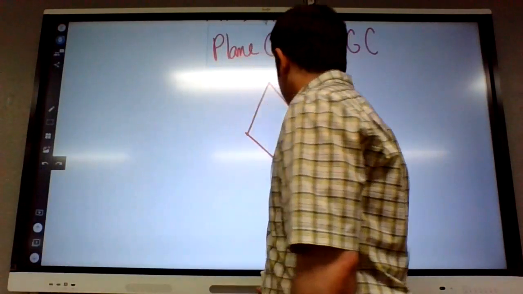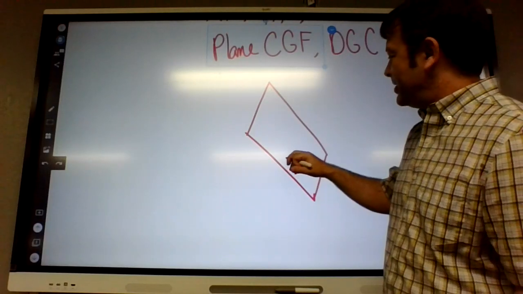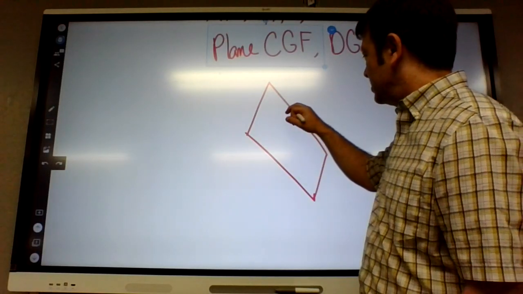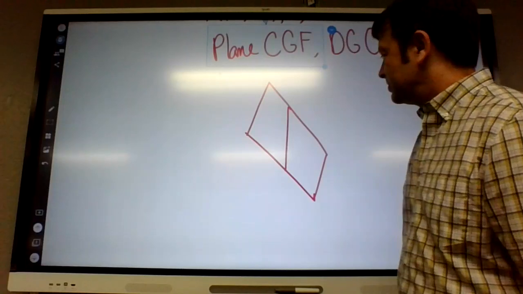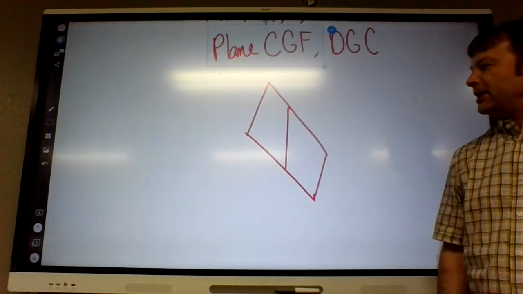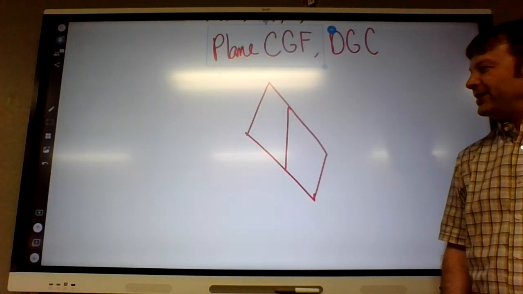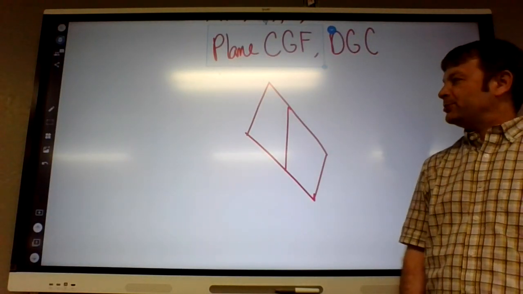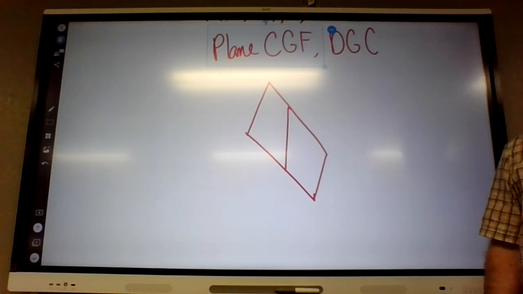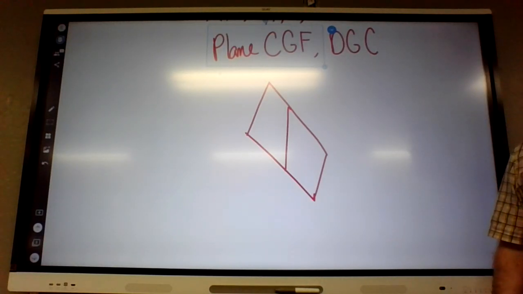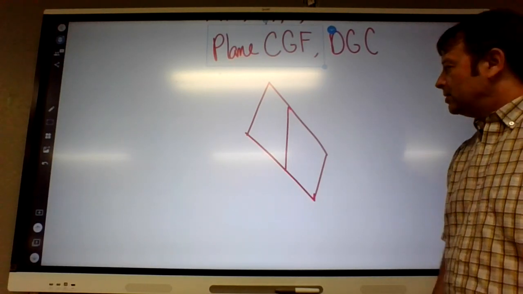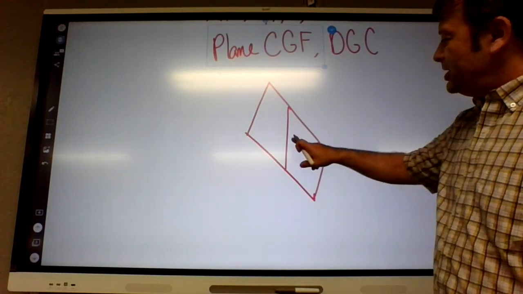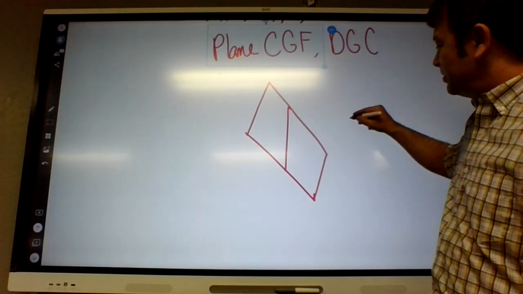Okay, let's start at the beginning. I started by drawing a line that's kind of straight up and down through this plane. That is where my other plane's going to cut through. We need to match this line.